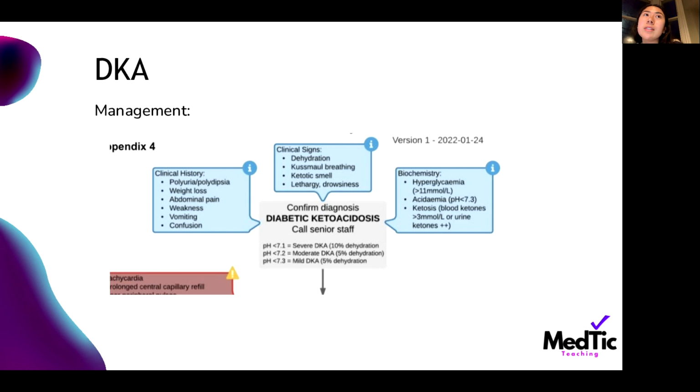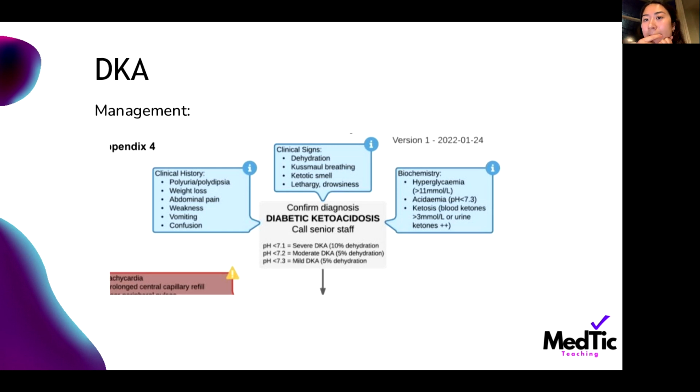And whenever you get someone with DKA, you will get a very nice pro forma to fill in. Basically, it will be laid out very neatly for you, both in the paediatric and adult setting as well. So don't worry about remembering all of this, but I think it's important to have at least the initial management steps at the forefront of your mind, and then you just basically follow the protocol as you go along managing them.